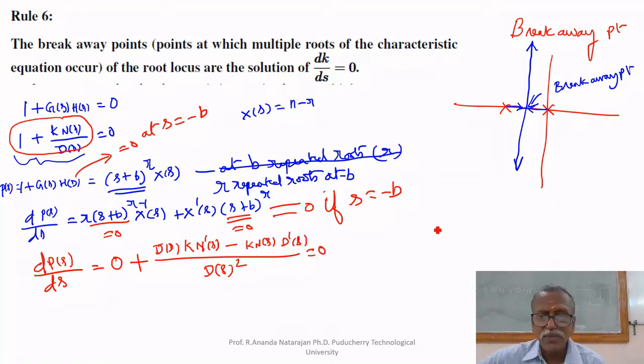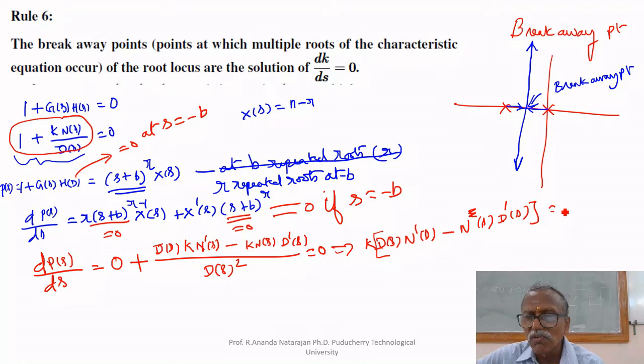K can be taken outside: D of s N dash of s minus N of s D dash of s equal to 0, because the denominator can be brought to the right hand side, where it becomes 0. Therefore, the numerator equals 0.